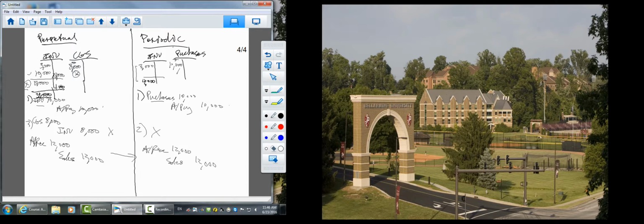So here's one way. Credit inventory for 1,000, and debit cost of goods sold for 1,000. So that's what we've done here so far. That makes sense? We just made it 9. So now I've got 9 in cost of goods sold. I put another 1,000 in cost of goods sold here, and obviously it's 9, isn't it? That's how you get there. Everybody good? That'd be fine.